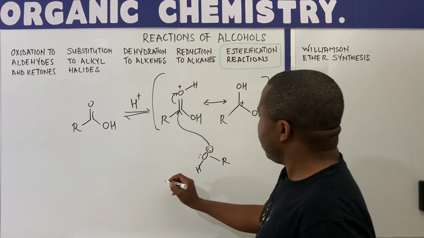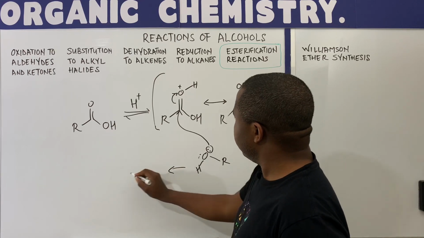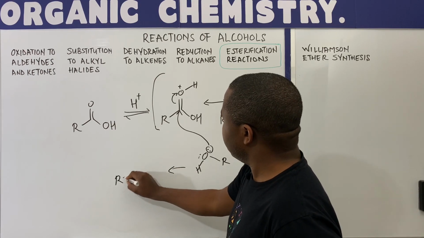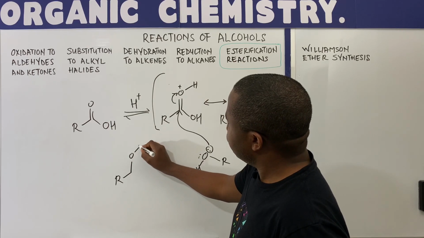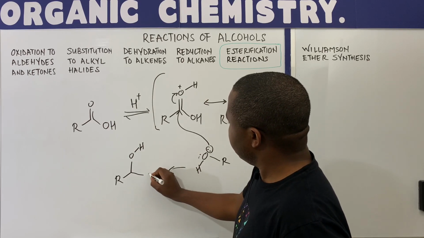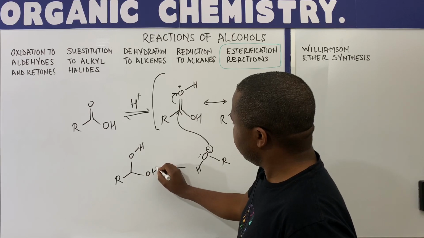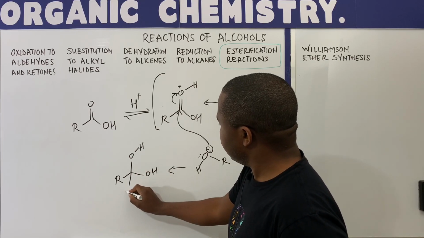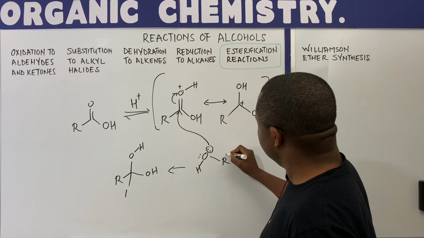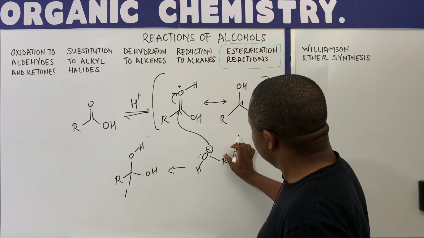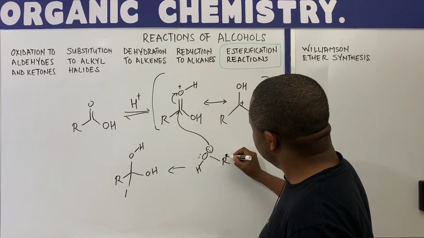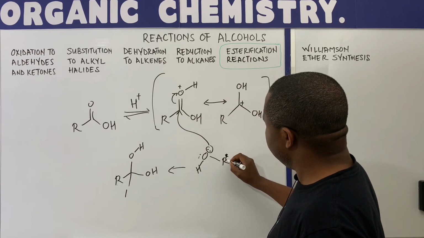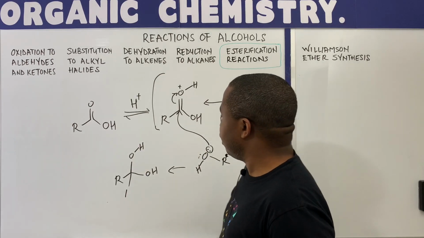So we're going to have something like this. Let's put a star here to indicate that this alkyl group is different from the carboxylic acid alkyl group.